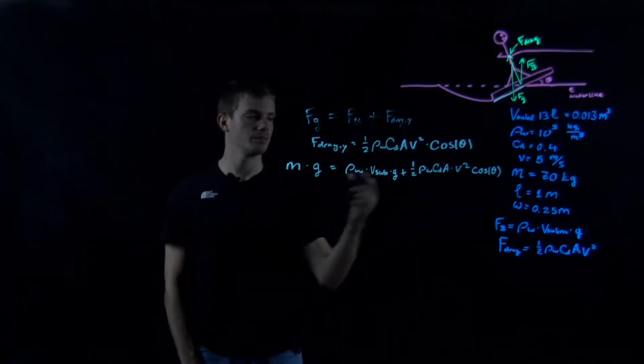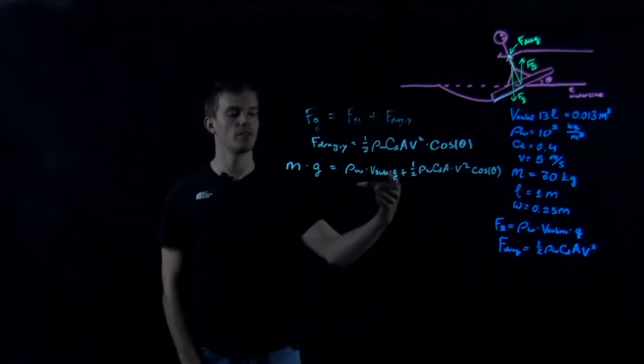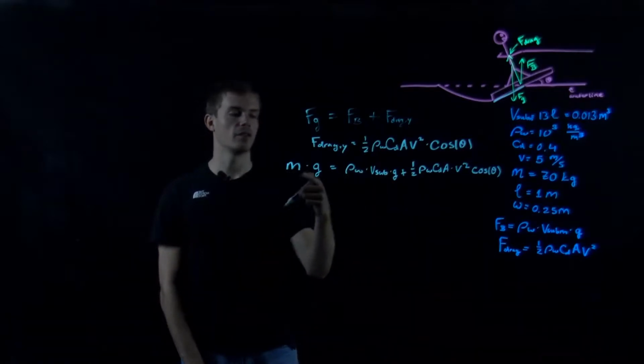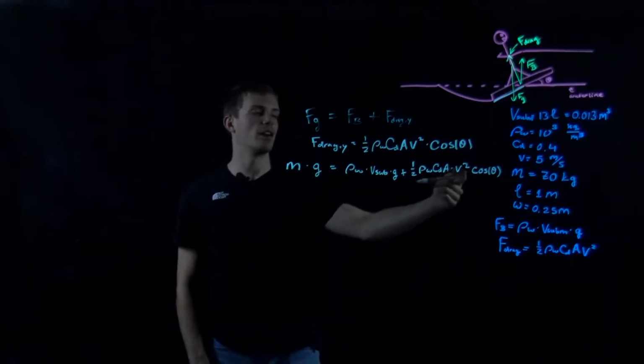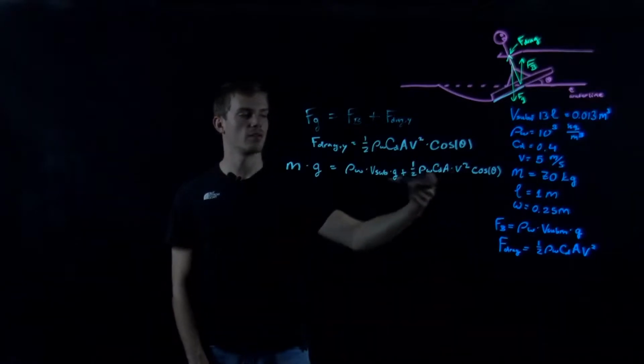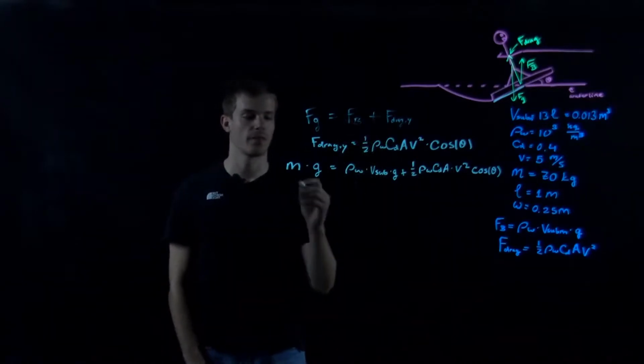So we take the buoyancy force, take it to the other side of the equal sign, and divide by the rest of the drag force.